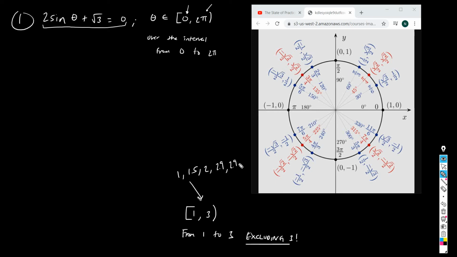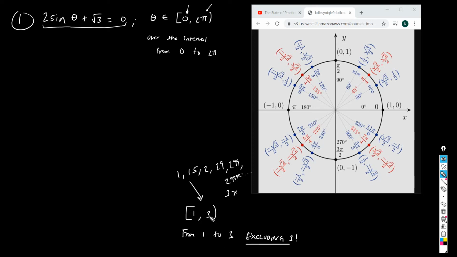The number 2.99, which is also less than 3. The number 2.9999999, but not the number 3. The number 3 does not belong here. Why not? Because I'm putting this parenthesis here. That means that the number 3 is not included in this interval. That's how you understand the difference between the bracket and the parentheses.